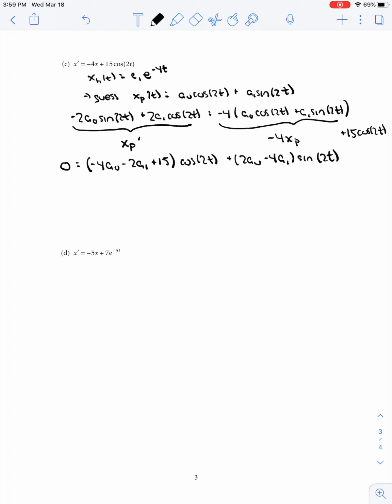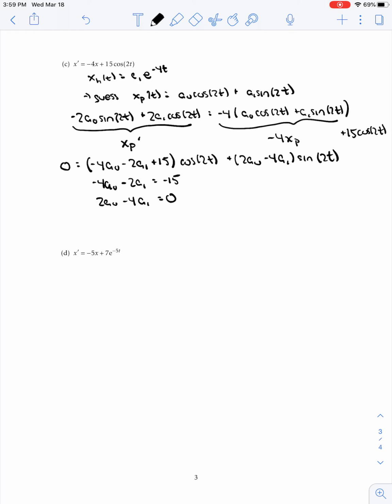And it has to be 0 for all values of t, which means each of the coefficients has to be 0. And this gives us our linear system of equations. So then we get minus 4a naught minus 2a1 has to equal minus 15. And we have 2a naught minus 4a1 has to equal 0. So again, what we did before, right?